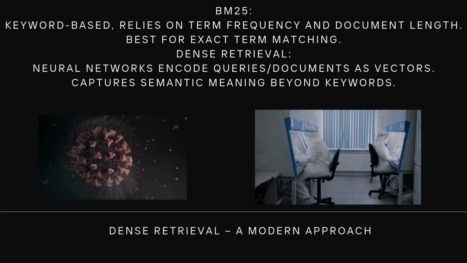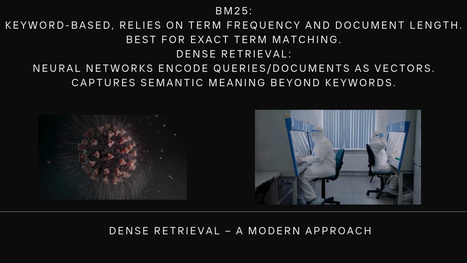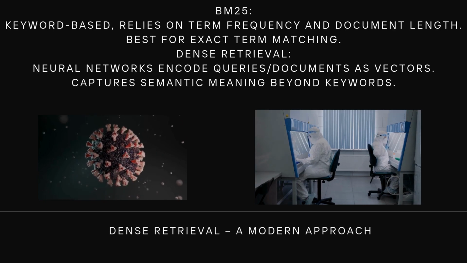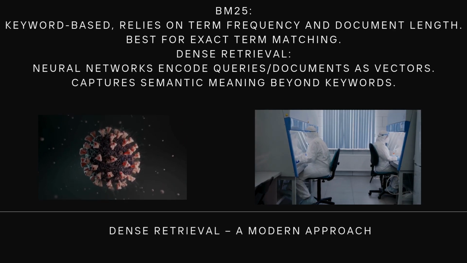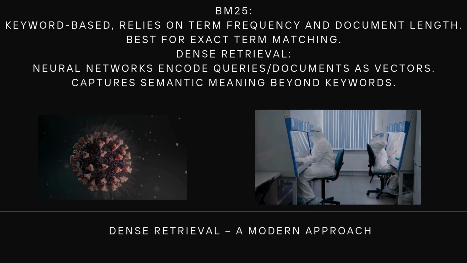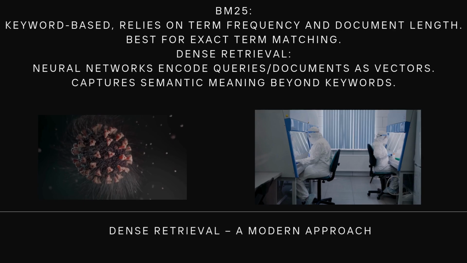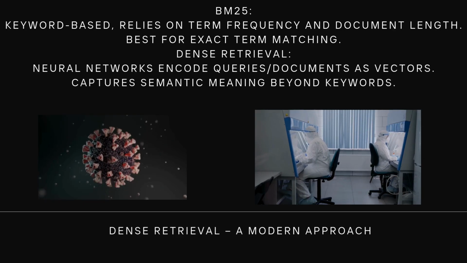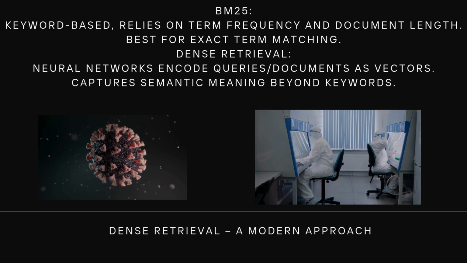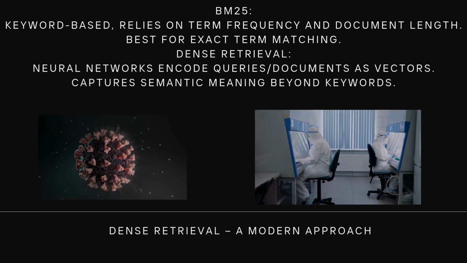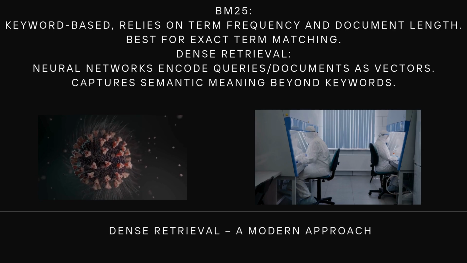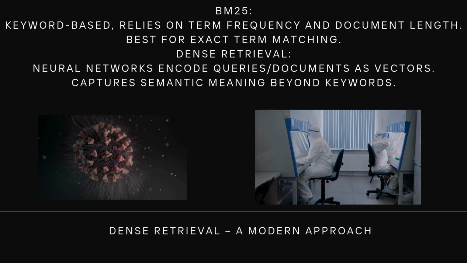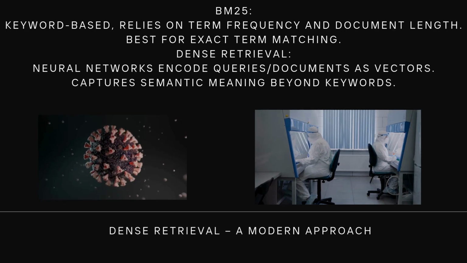Dense retrieval doesn't rely solely on exact keyword matches. It can understand semantic meaning, making it more effective for complex queries or when the terminology between the query and documents differs. For example, if you search for COVID-19 prevention strategies, a dense retrieval model can return documents that discuss coronavirus mitigation techniques, even if the exact words don't overlap.